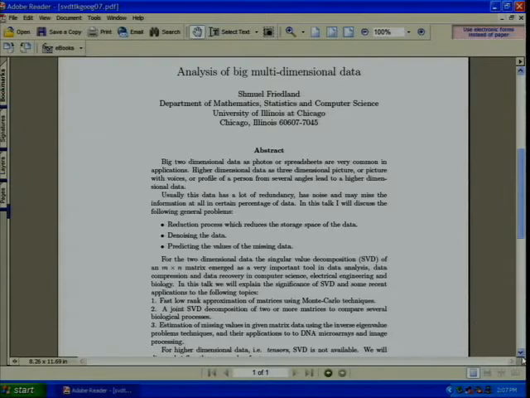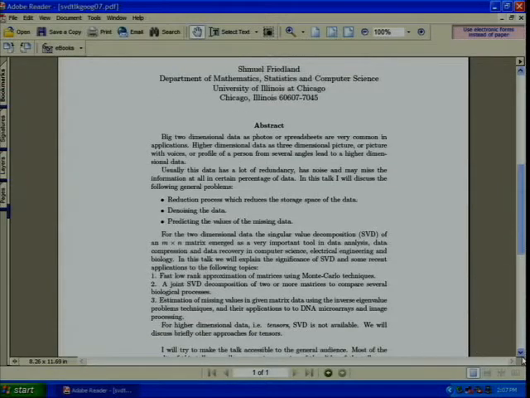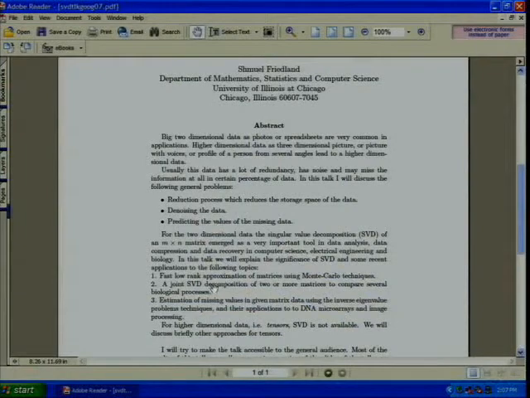I will show you the strengths and what kind of problems one can solve in this two-dimensional setting. For example, how one can do a fast low-rank approximation, in order to reduce the storage.